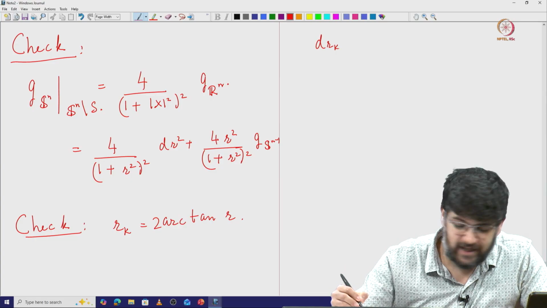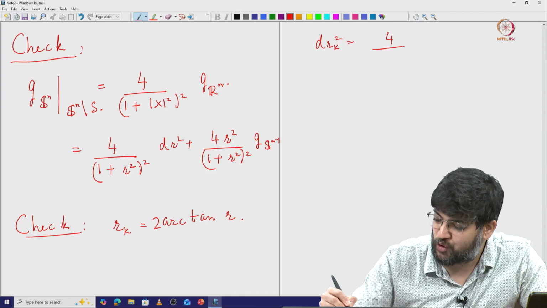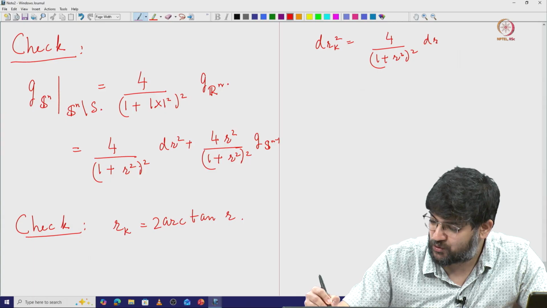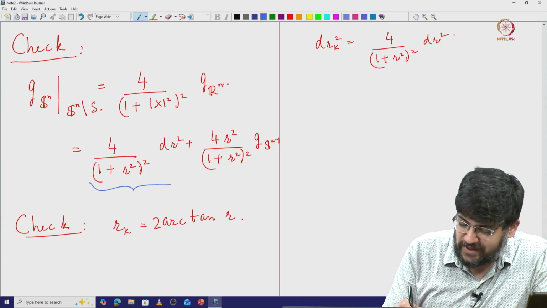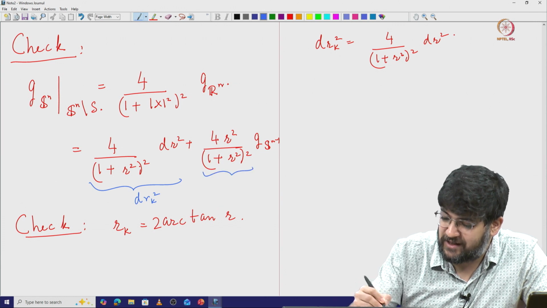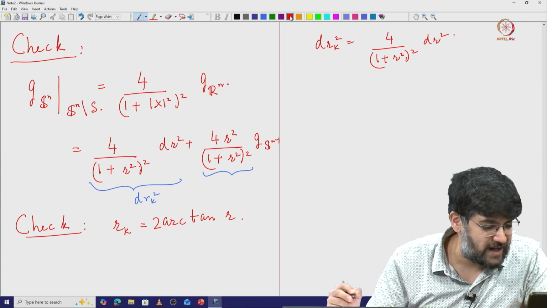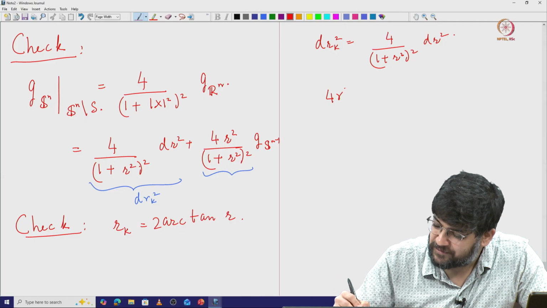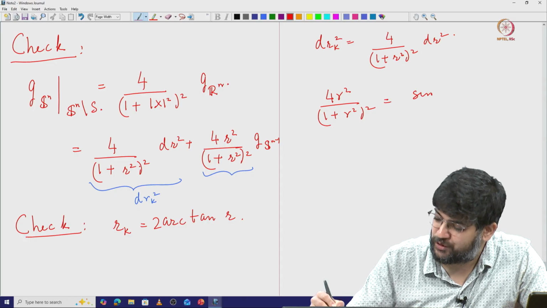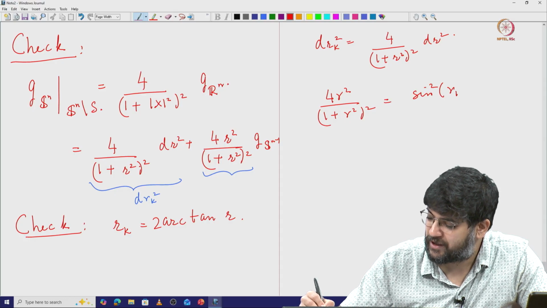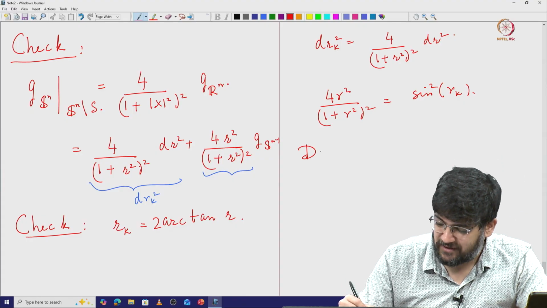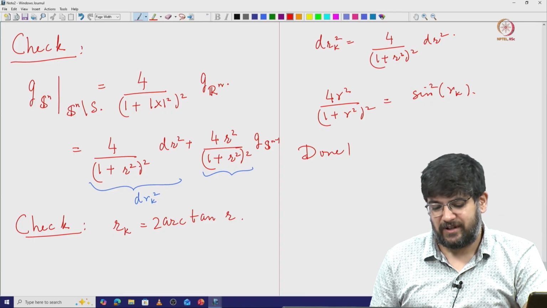One can compute that dr kappa squared is precisely 4 by (1 plus r squared) whole squared dr squared. So this turns out to be precisely dr kappa squared. On the other hand, this term is precisely the usual sine squared applied to r kappa. Okay. So then we are done with the proof of the proposition.